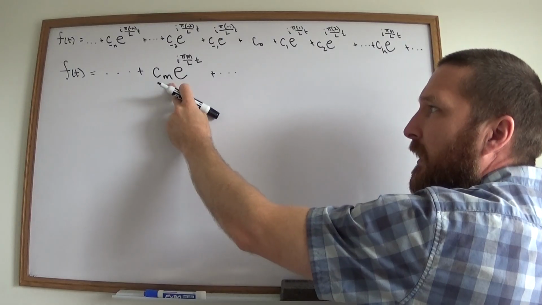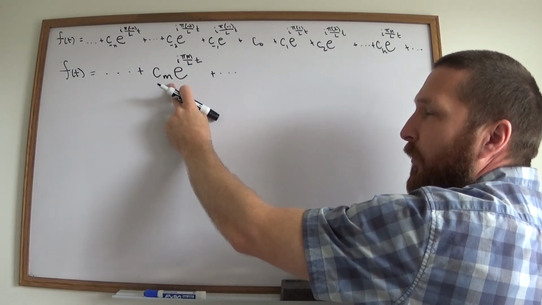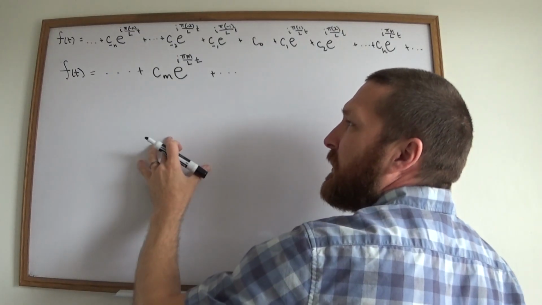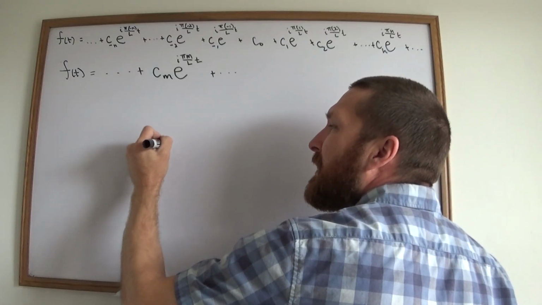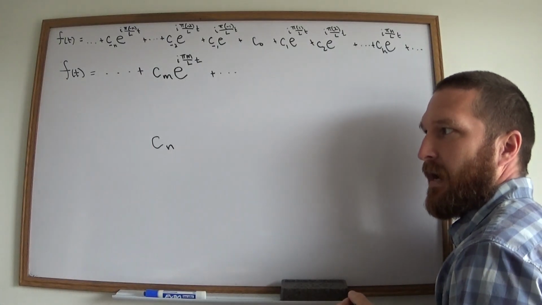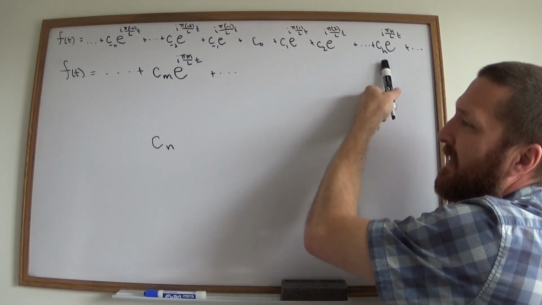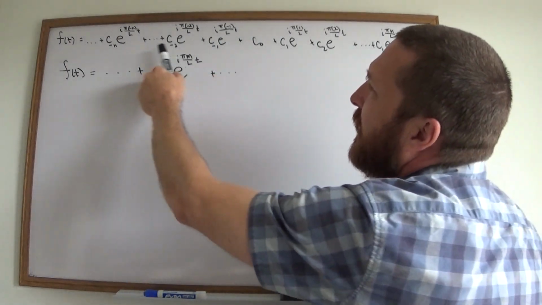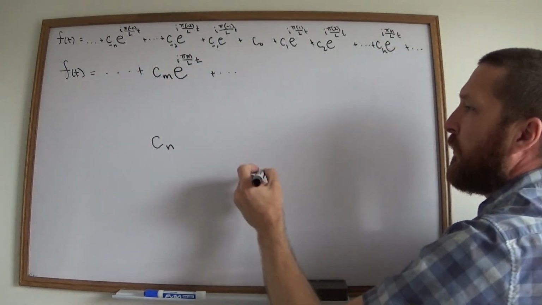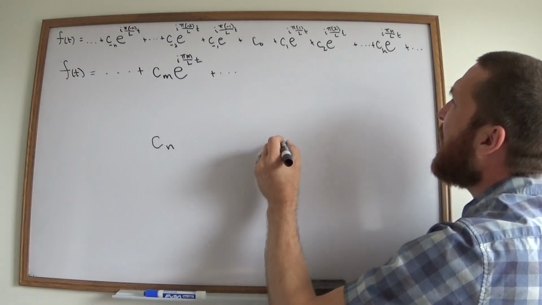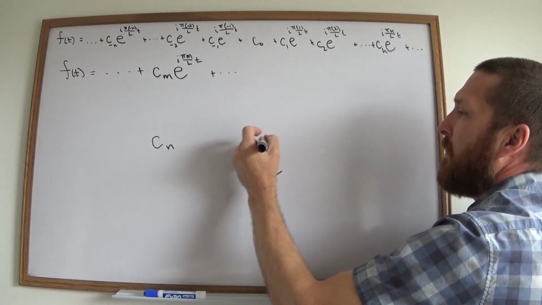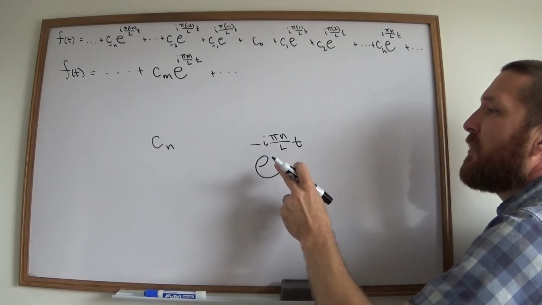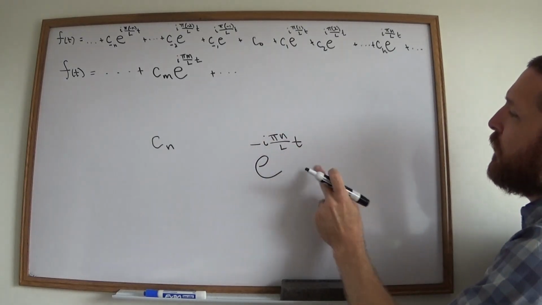And what we're going to do is, big surprise here, multiply this entire thing by the conjugate of the one we care about. So I want my C_n here. I want to find whatever the C_n is. You could imagine if you took this thing and multiplied every one of these through by the conjugate of whatever this is, which would be e^{-i π n t / L}.